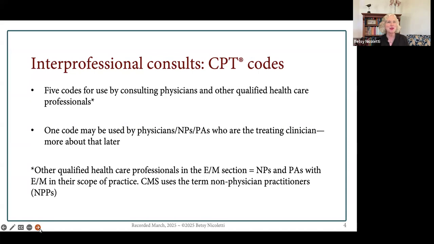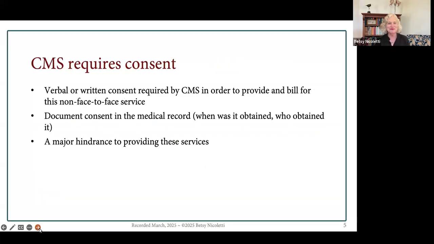There are so many abbreviations for this group of professionals. I learn a new one all the time. So there are 5 codes for use by the consulting clinician and 1 code used by the treating clinician who spends time getting information together for the consulting physician. And we're going to hear about that code later.